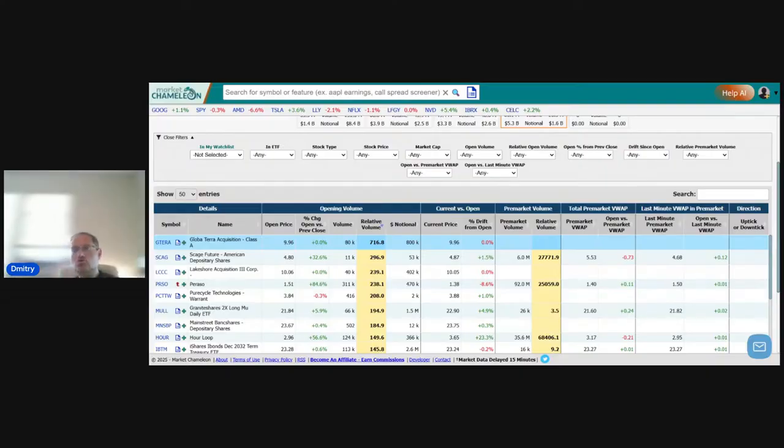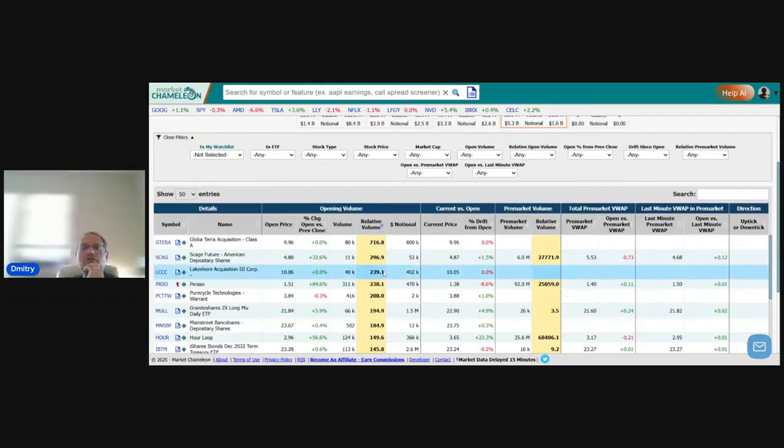Then the specialist takes those orders and finds the closest equilibrium price where you get the most matched up, and opens the trading on this single price auction. So you have orders that could be bid all the way up here, down here. He finds an equilibrium and opens it up at that price. And then you have regular trading, where you have bids and offers displayed and continuous trading.